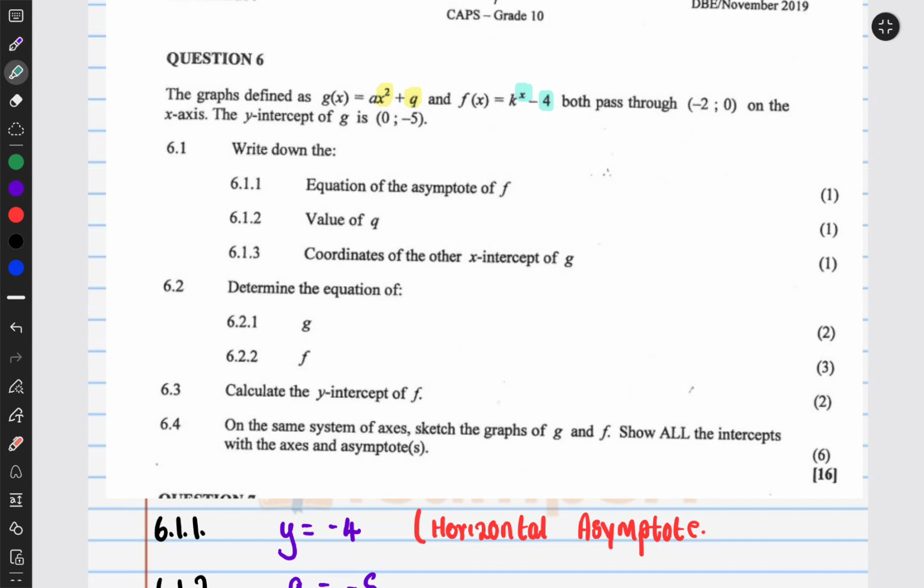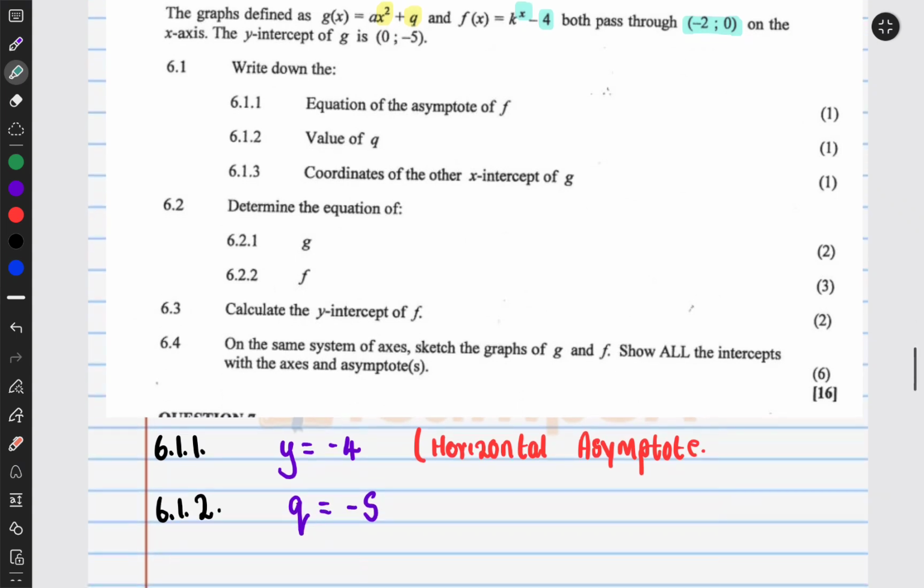We have been told here that both functions pass through -2 and 0 on the x-axis. So if it passes through -2 and 0 on the left side, that means if we mirror that about the y-axis, it is also going to pass through 2 and 0 on the right side.